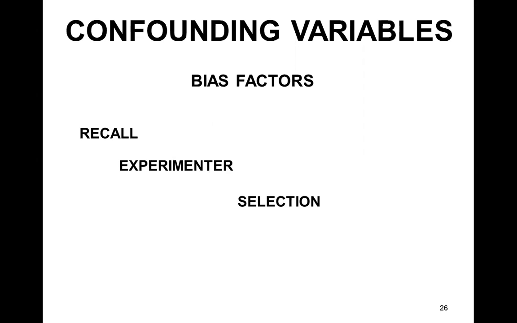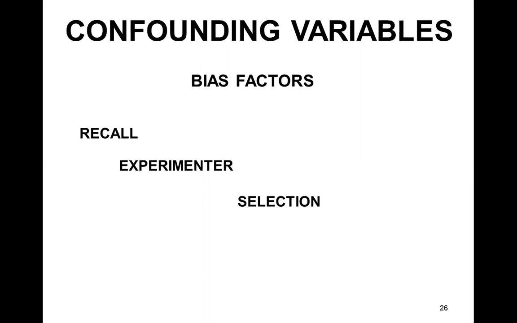Selection. As I said earlier, you can usually use serial or random sampling, but sometimes somebody doing a study might pick their sickest patients and then compare them to the healthiest people because they're trying to come up with some kind of statistical significance.